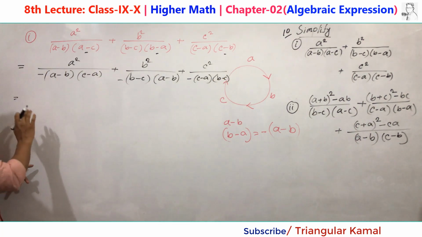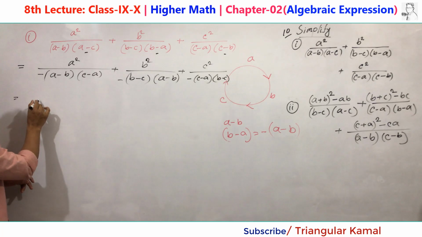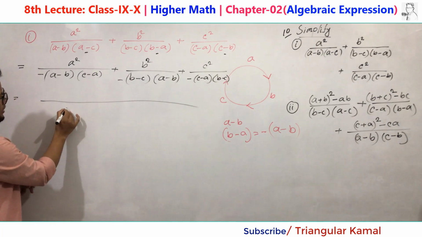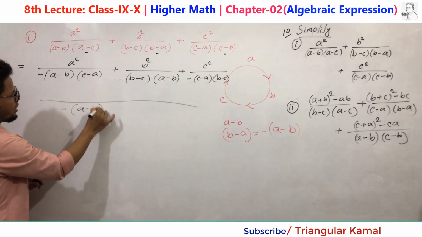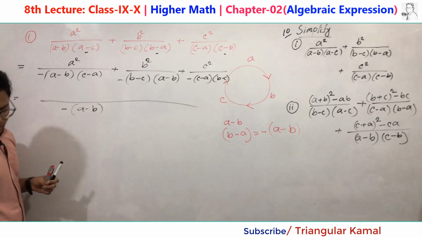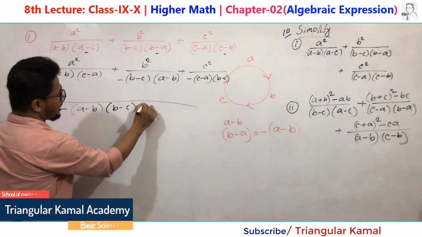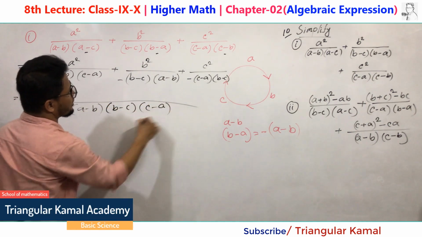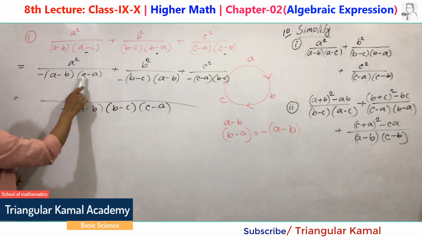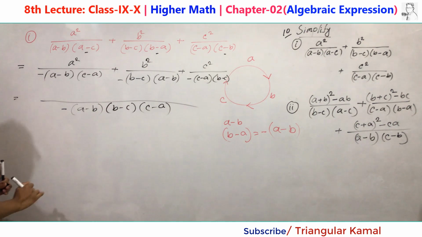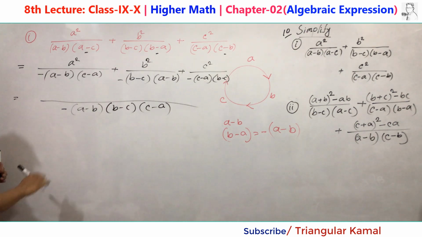So now within the cyclic order, take LCM here. What we will see here: minus a minus b, and minus b minus c and c minus a. Just taking LCM of all denominators, this one will be the LCM. Now do simple calculation.